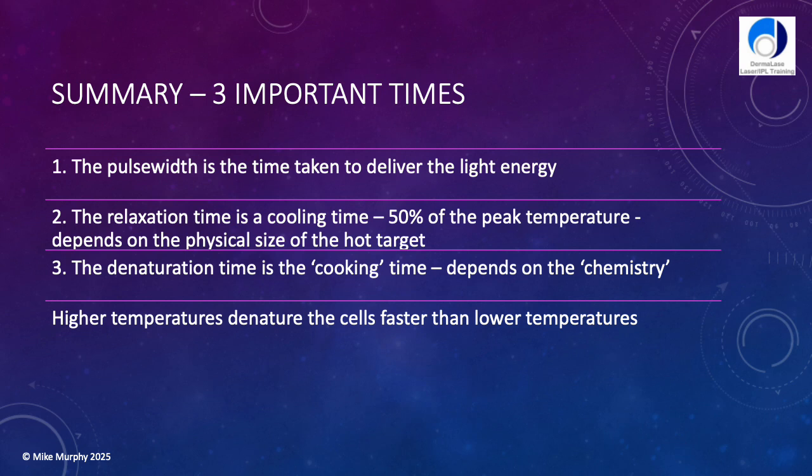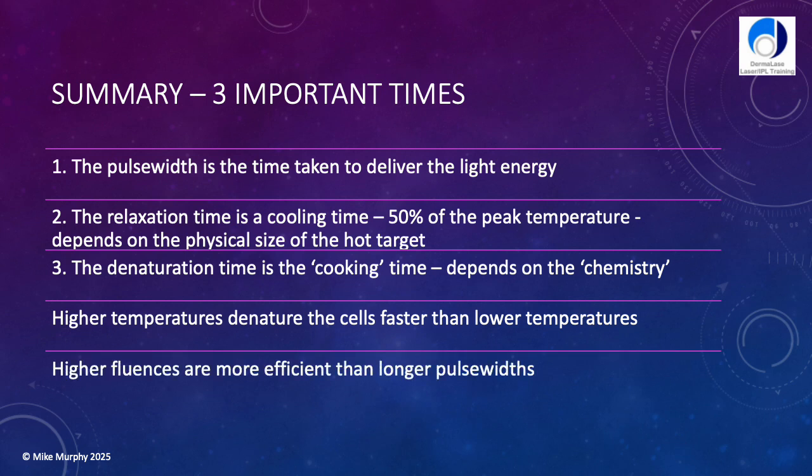Higher temperatures will denature the cells faster than lower temperatures, and therefore higher fluences are more efficient than using longer pulses. I sometimes see people asking, I've got big thick hairs here, should I use longer pulses?